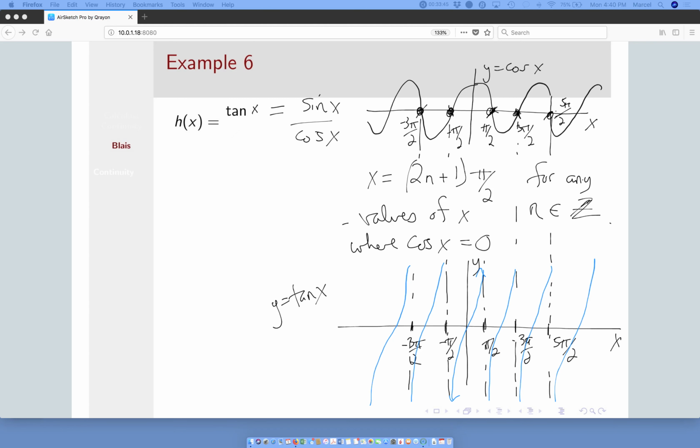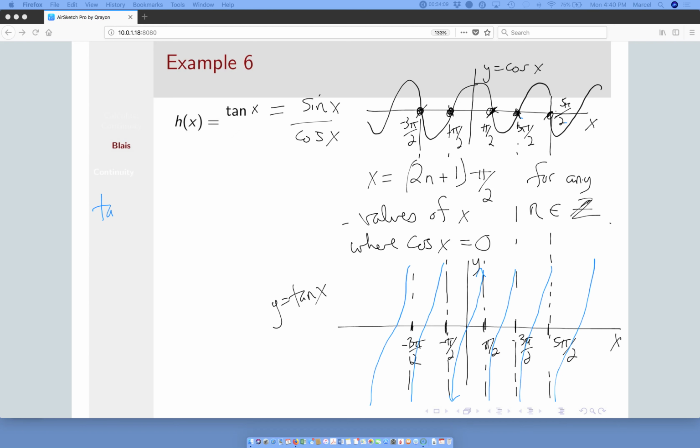So again, because of these roots of cosine of x happening at these odd multiples of pi over 2, we get asymptotic or vertical discontinuities, infinite discontinuities for tangent of x at those same values.